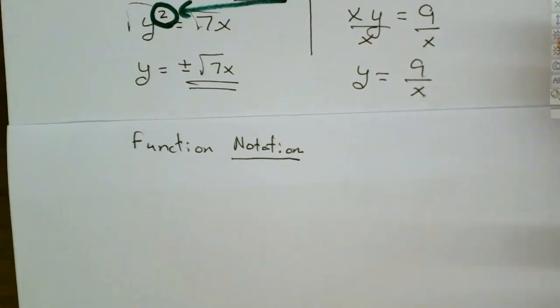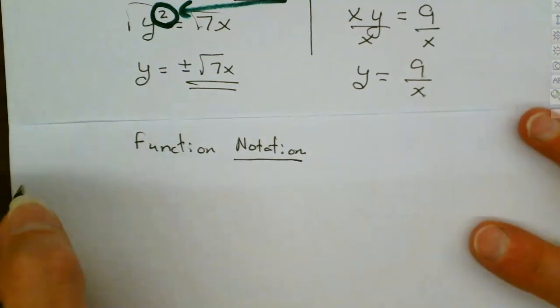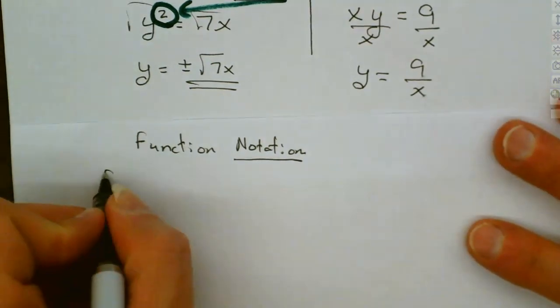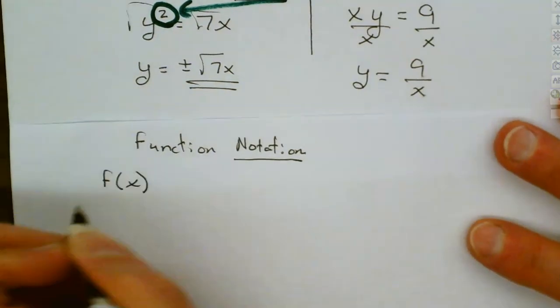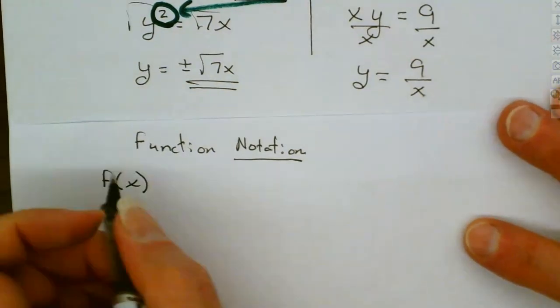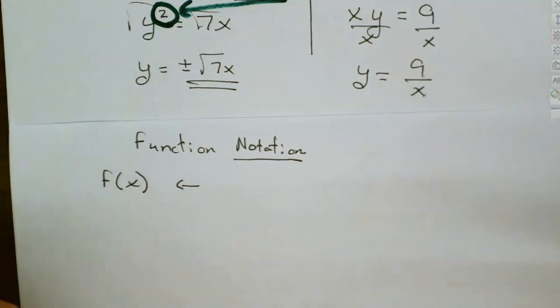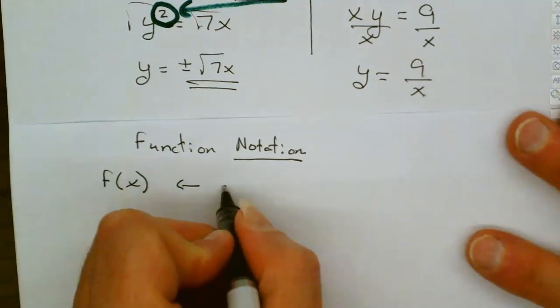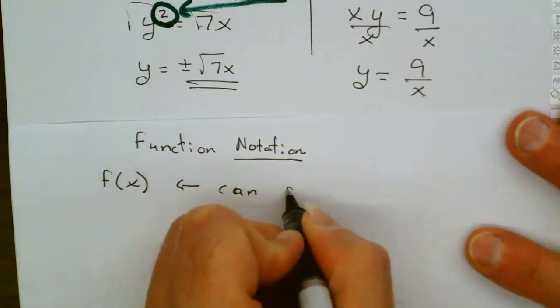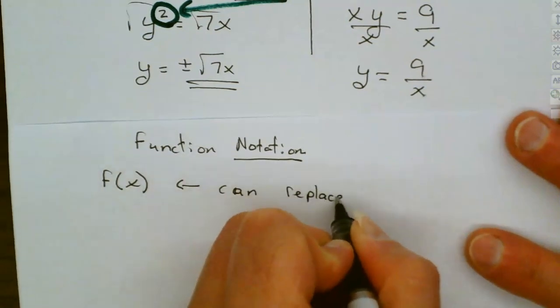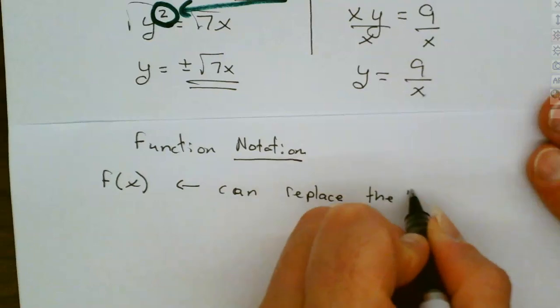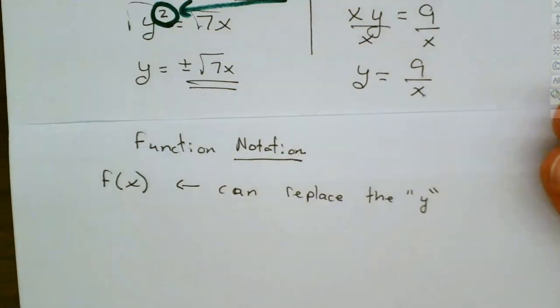Now, when we talk about function notation, we use f of x. So this is function notation, f of x. And this f of x can replace the y. Okay, so function notation f of x can be replaced with the y, or they can be used interchangeably.